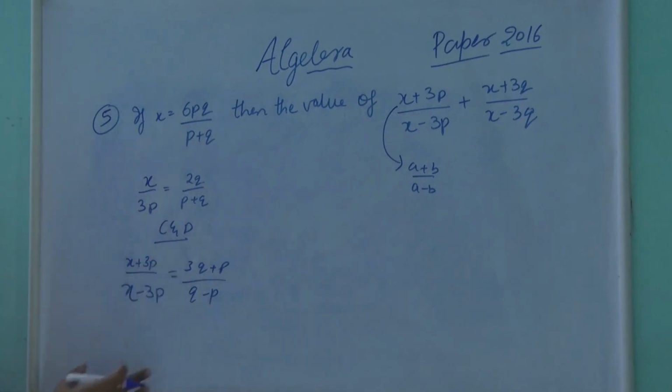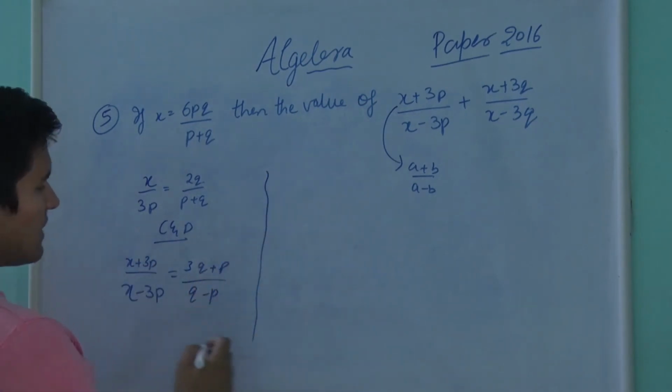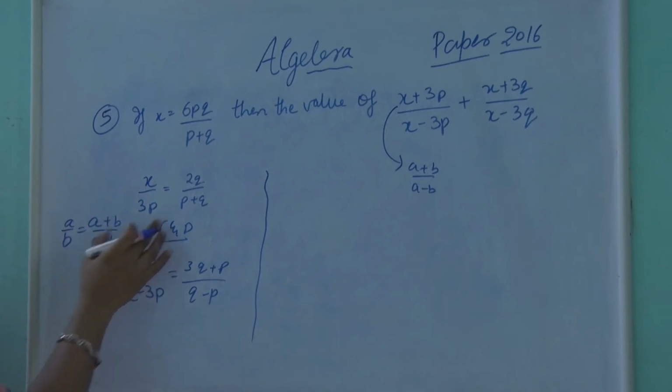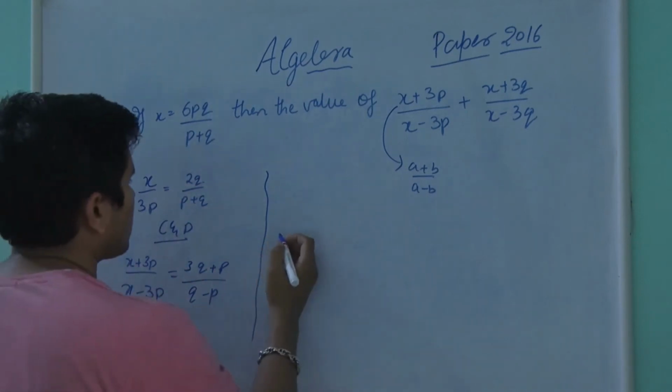You have to solve it on your own. This is very simple, you just have to add or subtract. The componendo and dividendo rule is: a upon b equals c upon d gives a plus b upon a minus b. You have to put the values of a and b and just add and subtract.